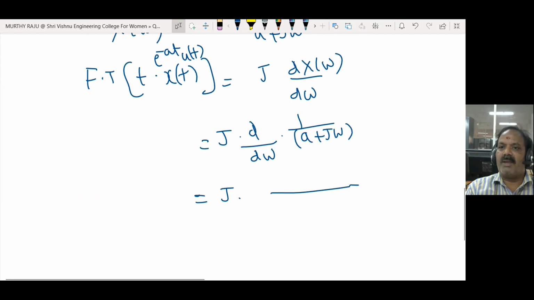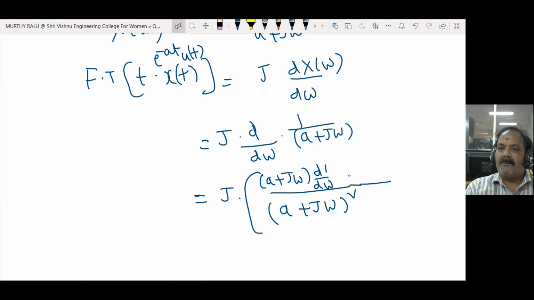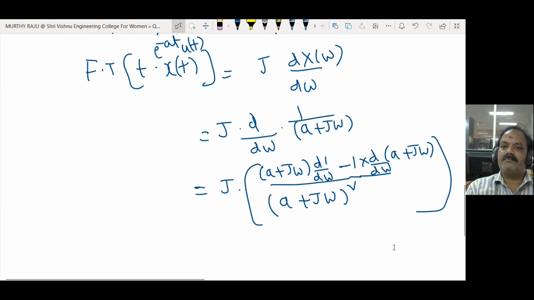We use the UV formula: a plus j omega whole square, a plus j omega d by d omega of 1 minus 1 into d by d omega of a plus j omega.